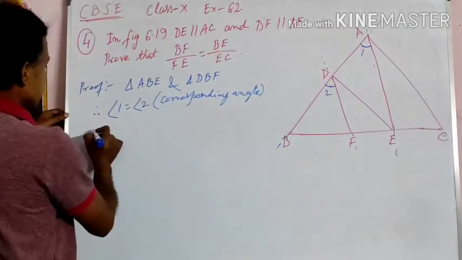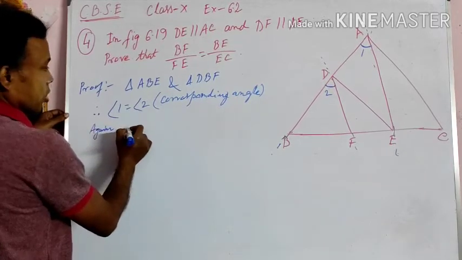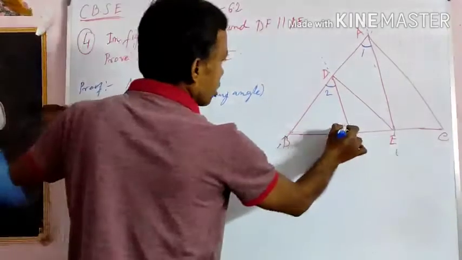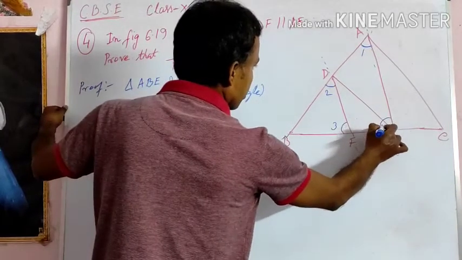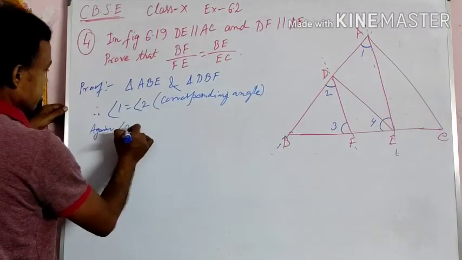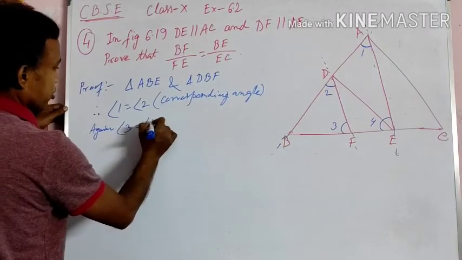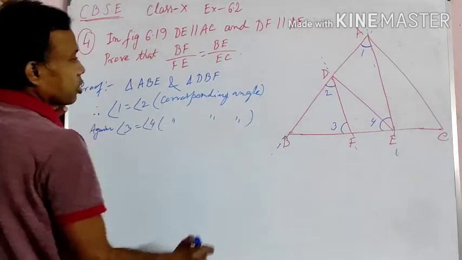Again, suppose this angle is angle 3 and this is angle 4. Angle 3 is equal to angle 4 because they are also corresponding angles.